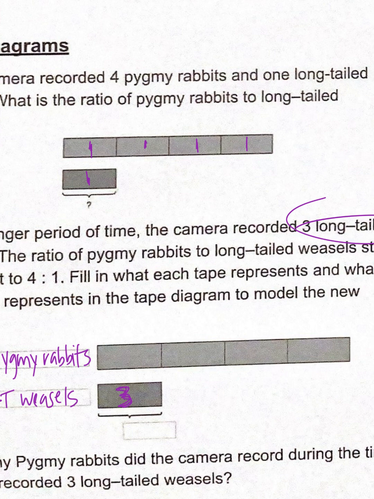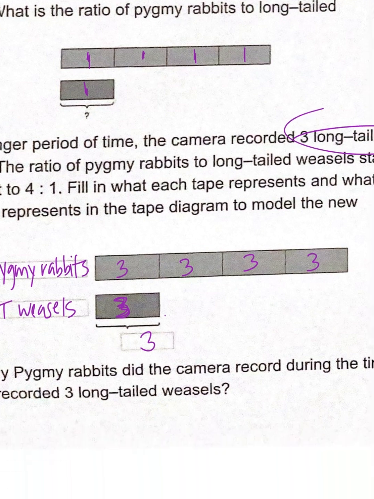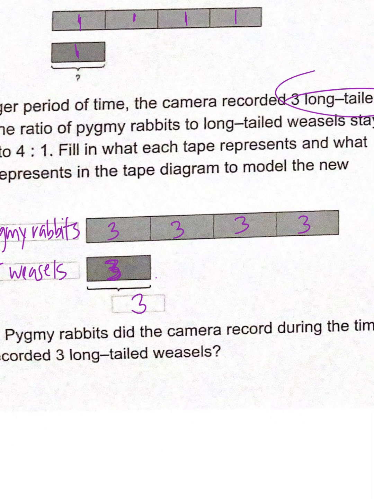So then what does each of these also have to be? 3. So each of these would be 3. That means that one's 12. So how many pygmy rabbits did the camera record then? 12, yeah. 12 pygmy rabbits.